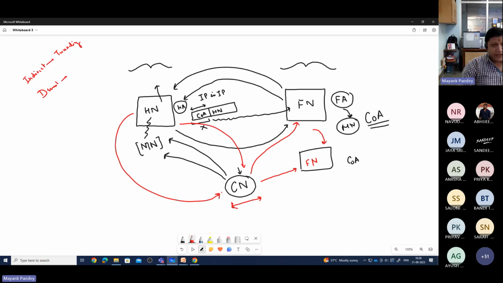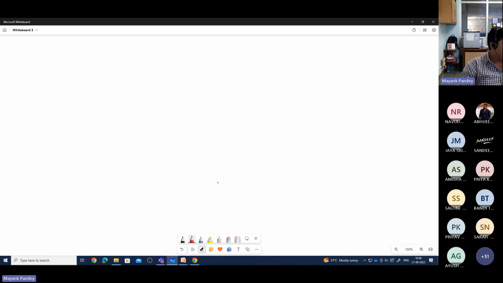If we see the internal detail, there are three basic processes: one is agent discovery, the other is registration, and the third is datagram delivery.